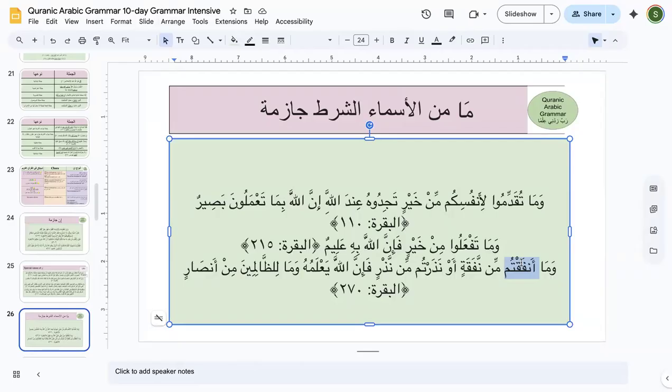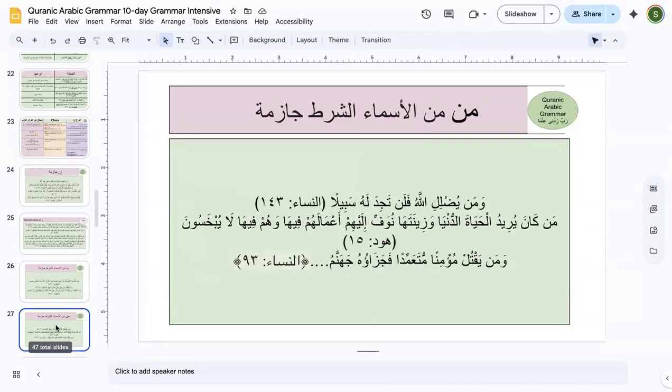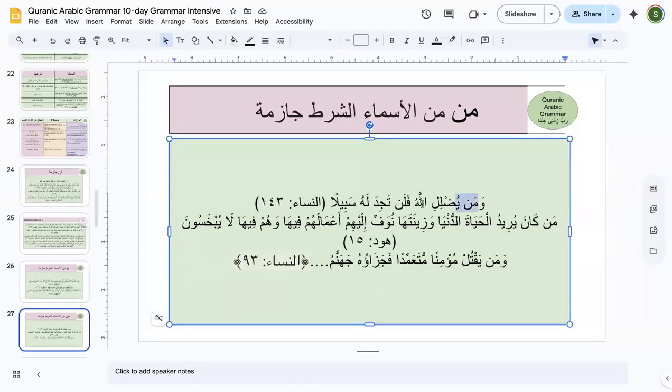Is this clear? That it is in the place of something that was supposed to be in the majzoom form or in the lightest form. And again, in the jawab, you are finding faw rabita because your jawab was jumla ismiya inna allaha ya'lamuhu wa ma lizalimina min ansar.